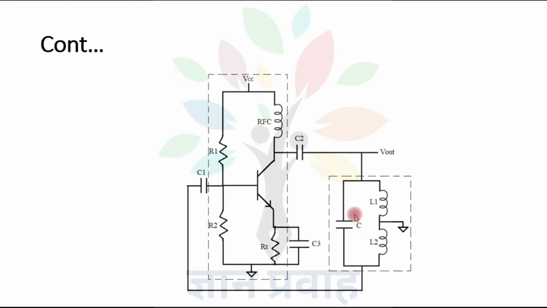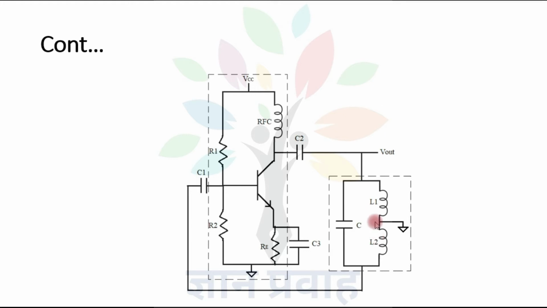C stores the energy in the form of electric field while L1 and L2 store the energy in the form of magnetic field. So when C is discharged completely, it means L1 and L2 both are charged completely.